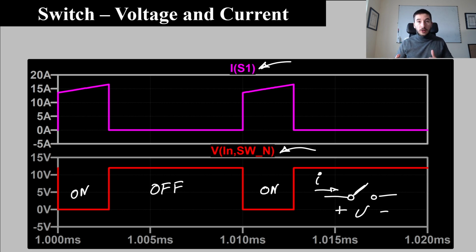When the switch is on, the current through the switch is the inductor current. When the switch is off, the current through the switch is 0. This is similar to the analysis that we performed in the theoretical videos about the buck converter.